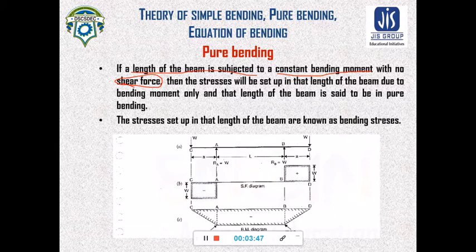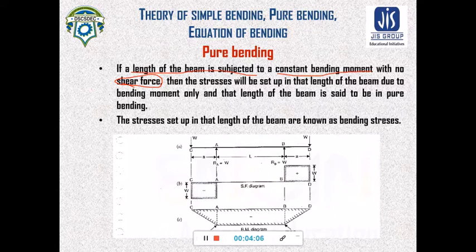So if a length of a beam is subjected to a constant bending moment with no shear force, then stress will be set up in that length of the beam due to bending moment only.